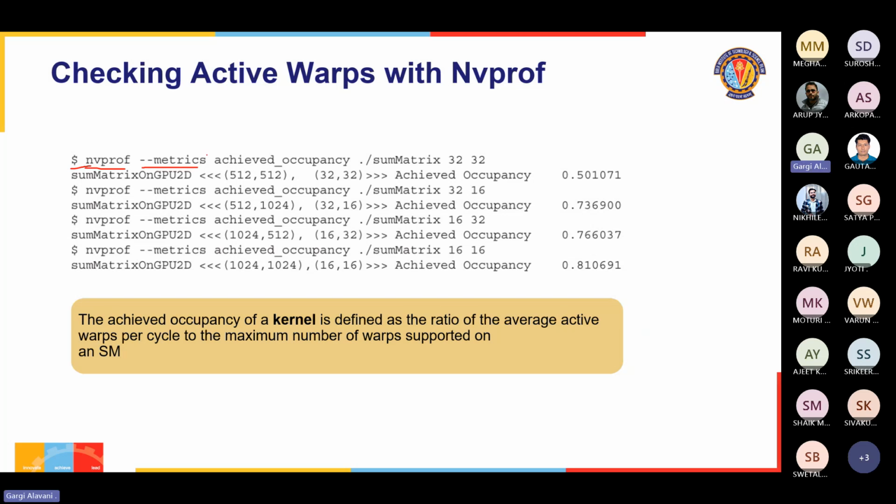Here, if you check the occupancy of your kernel using the metric achieved occupancy, you can see that in this particular case the highest occupancy is for 16 by 16. So can you say that the one with the highest occupancy is doing the best? It's not the case, right? Here, although the occupancy is lower, this particular configuration is executing and giving you the best performance.